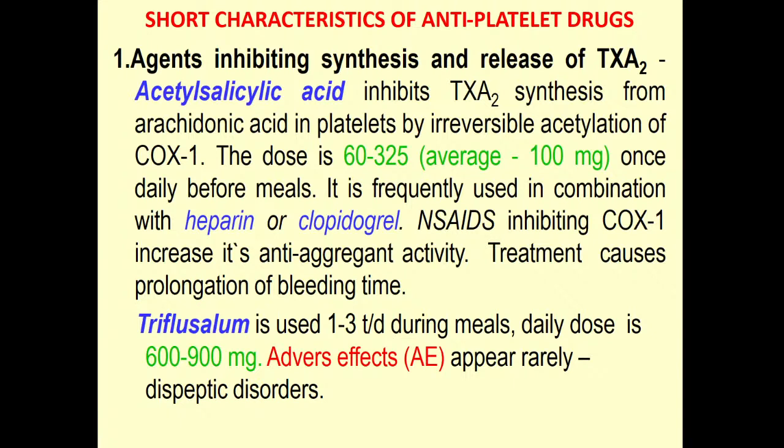Ordinary dose for antiplatelet action is 60 to 300 milligrams. Average is 100. More often we use 100 milligrams once daily before meals. It is frequently used in combination with other anti-aggregants and anticoagulants such as heparin or clopidogrel.